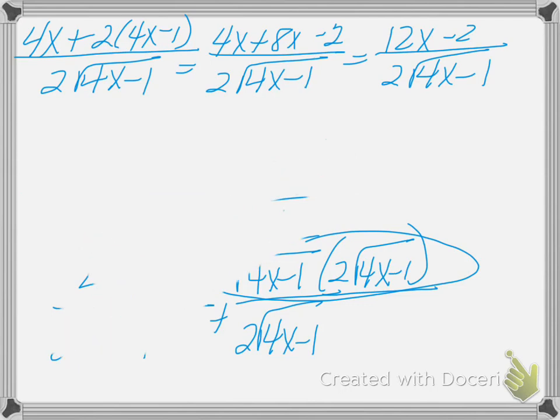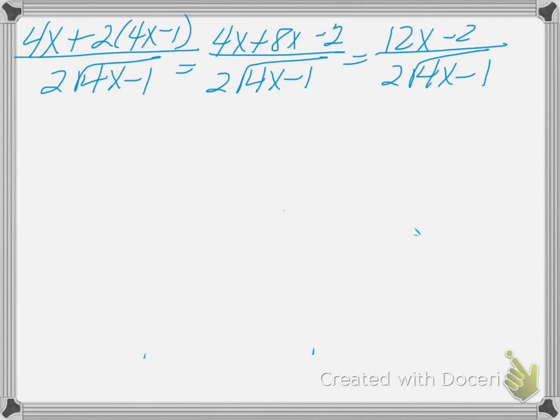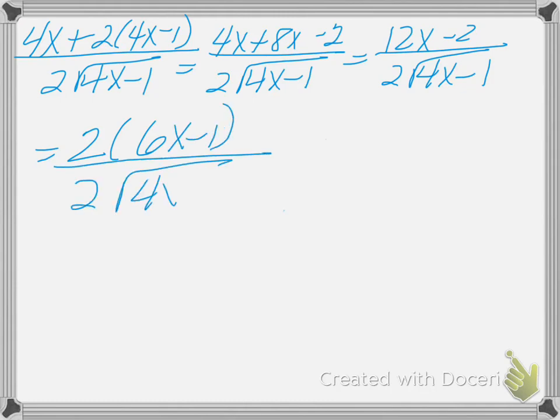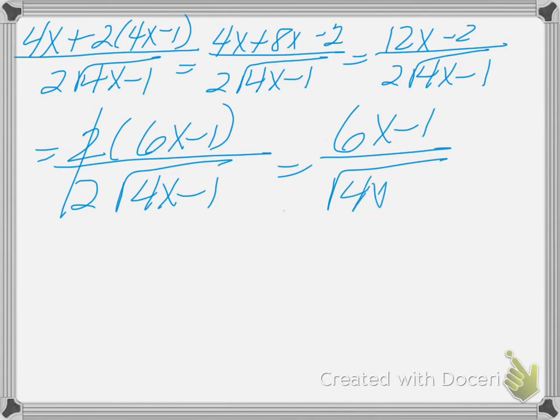And that doesn't match any of the choices either. So now I'm going to look at my numerator and recognize that that can be factored by pulling out a 2. Now these 2's cancel. And I'm left with that, and that was choice A.